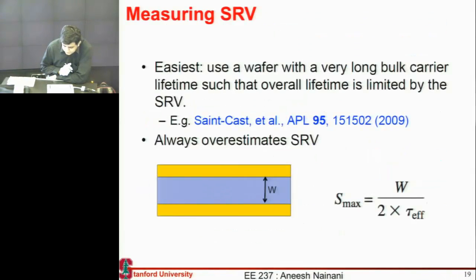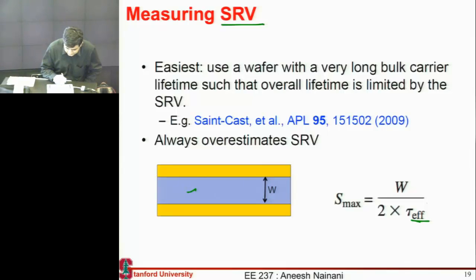This is captured in this term, surface recombination velocity, but another dilemma is how to measure it. The way this is usually measured is that you take a wafer which has a very high bulk lifetime, and then you have an unpassivated surface, or high recombination at the surface, and then you measure its effective lifetime.